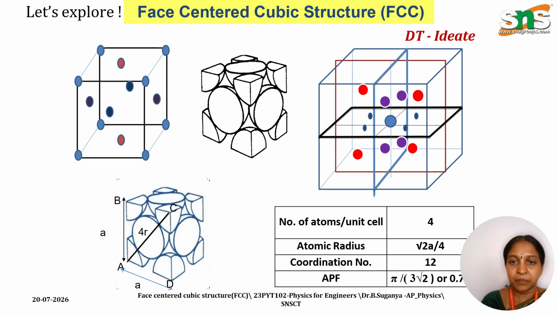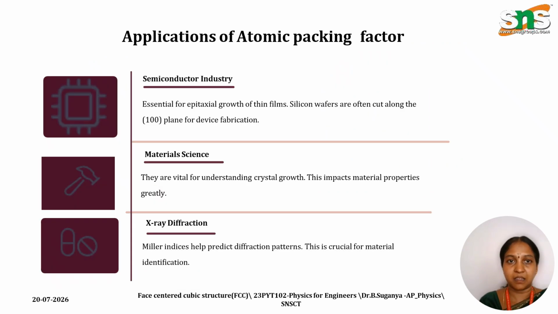The first picture is the unit cell, and the third picture is the structure of the crystal. The number of atoms per unit cell in FCC is 4, and its atomic radius is root 2a by 4. Its coordination number is 12, and its packing factor is 0.74.